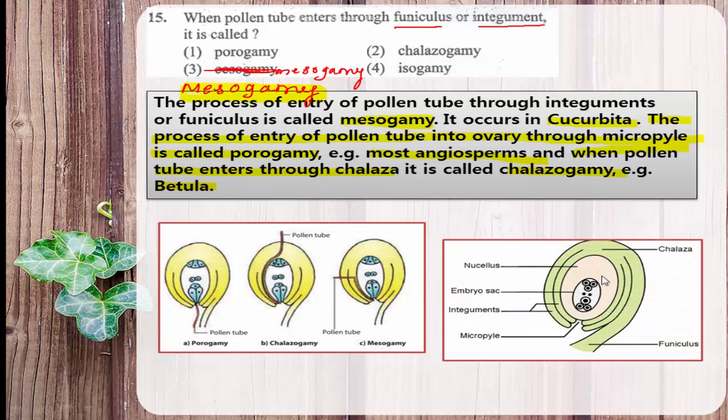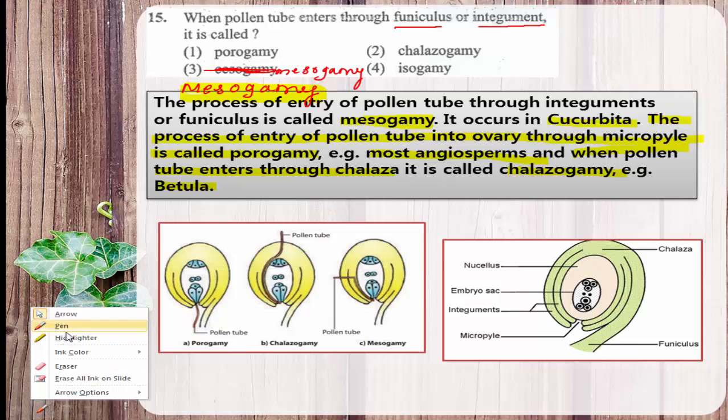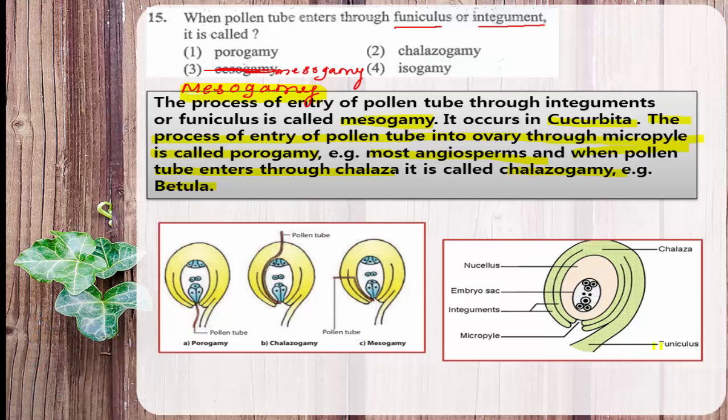This is the complete structure of the ovule with the embryo sac. The stalk of the ovule is called funiculus. The pore where integuments are not attached is called micropyle, and these protective coverings of the ovule are called integuments.